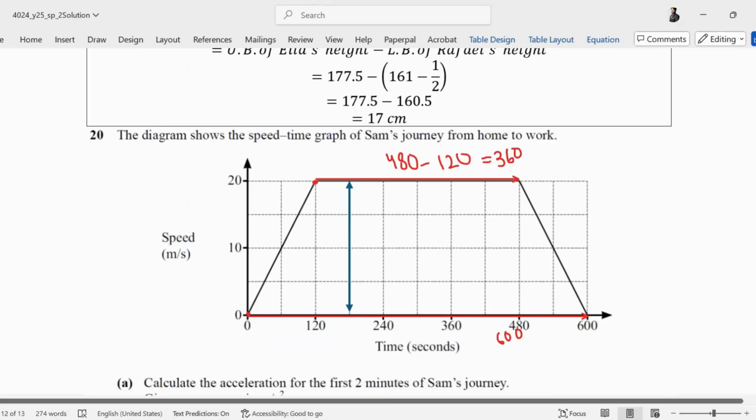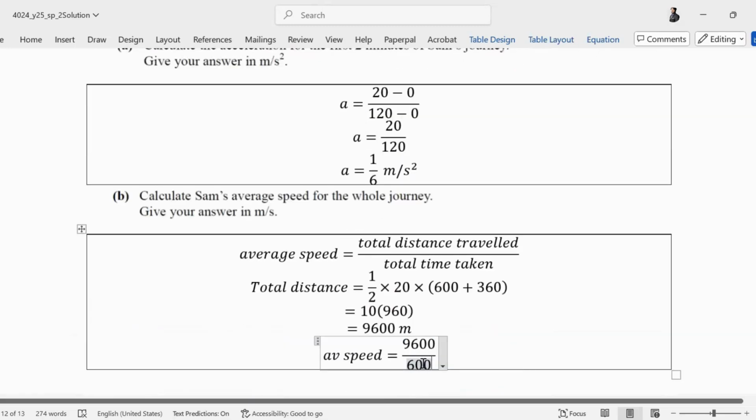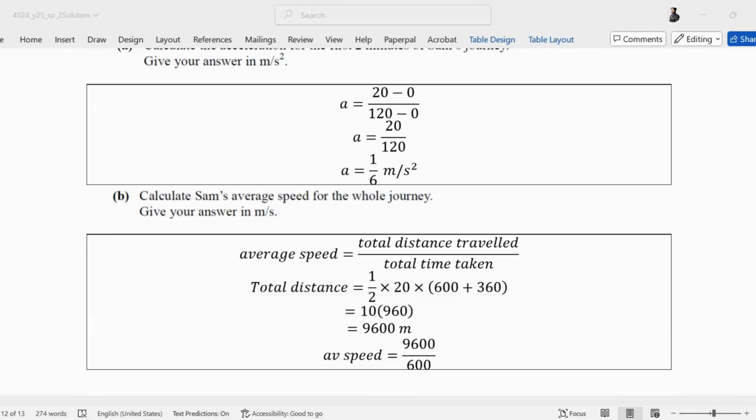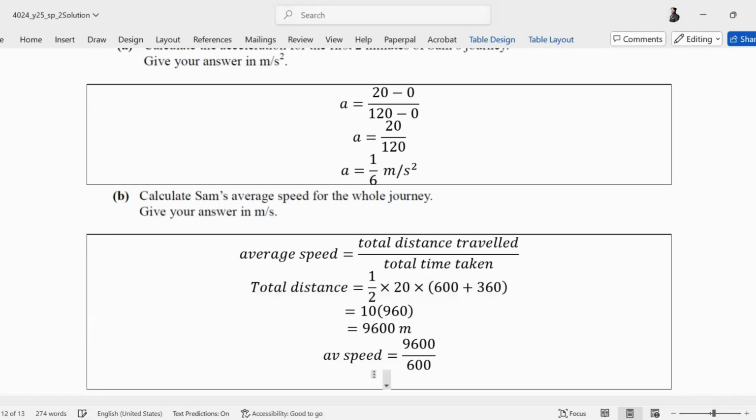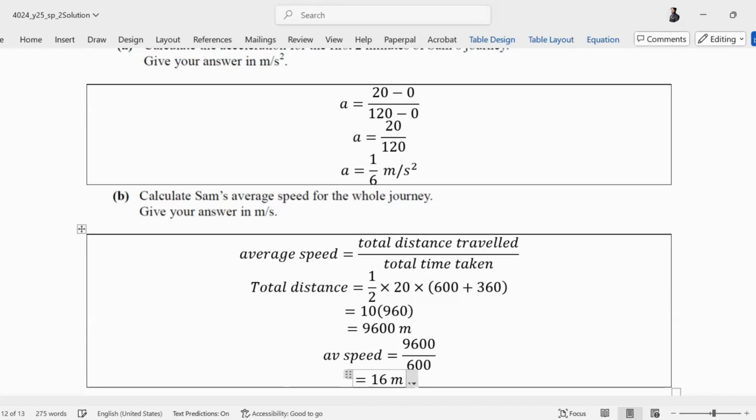See, the total time taken is 600. So the 2 zeros cancel out, and then dividing, the average speed is 16 meters per second.